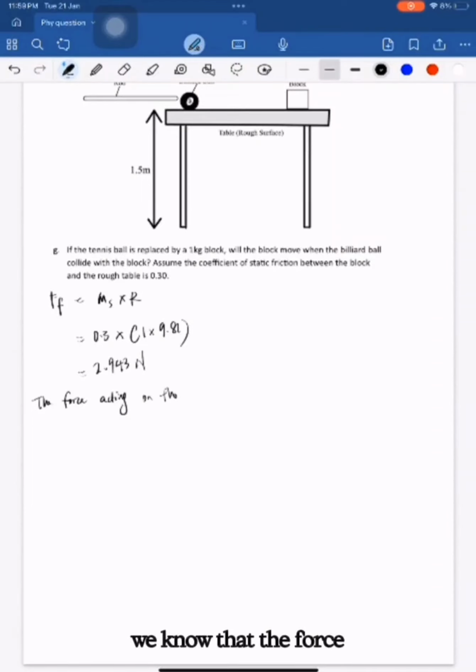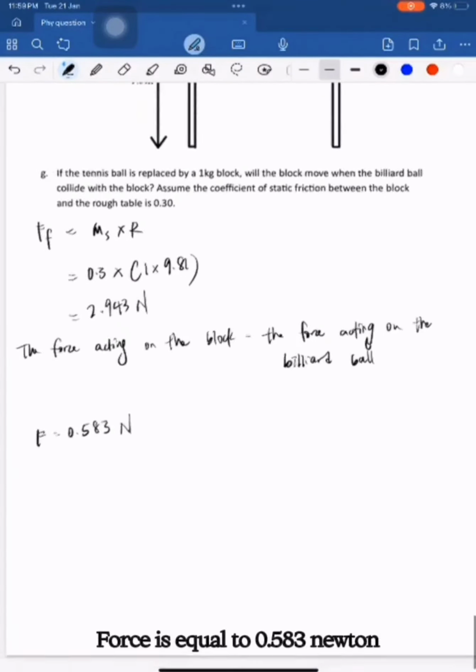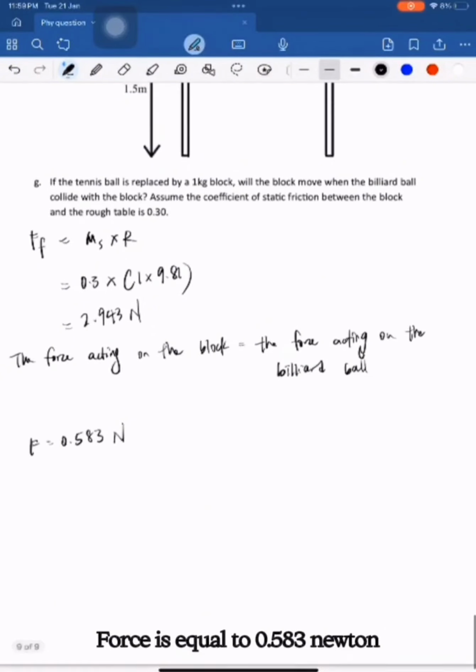Besides that, we know that the force acting on the block equals the force on the billiard ball, because they collide with each other. According to question A, the force is 0.583 newtons that will act on the block.